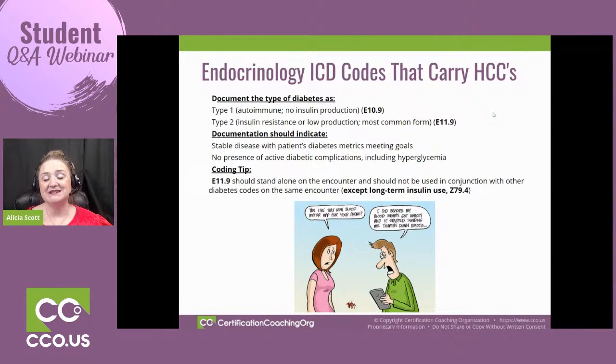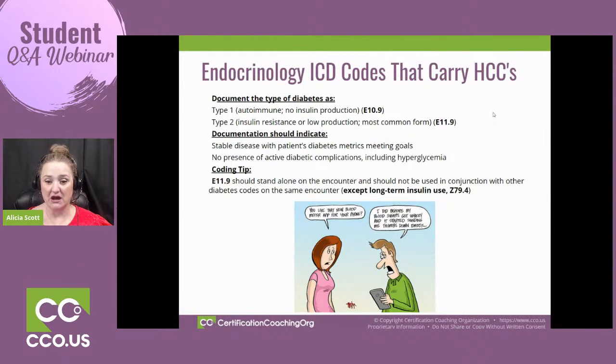First, starting with diabetes, the main two codes that we deal with are type 1 and type 2 diabetes, which are E10.9 and E11.9. If you don't have those memorized, you probably will within a short time if you're new to coding, because they are so common.